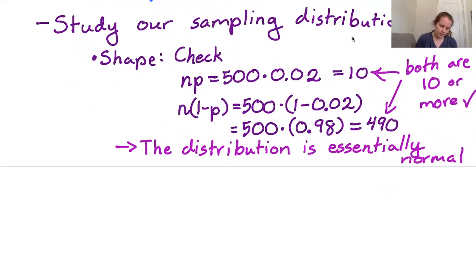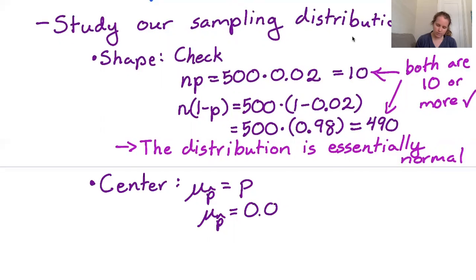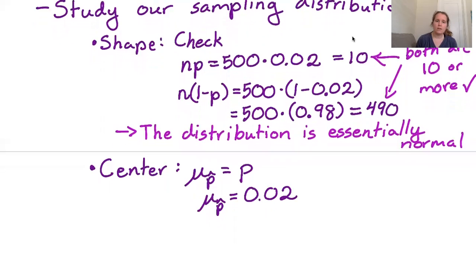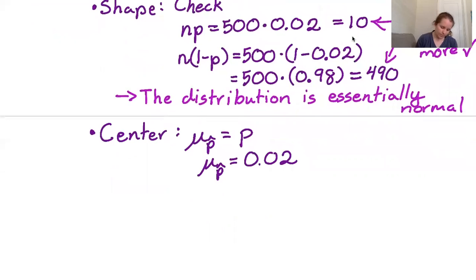Next up, we have center. So mu sub p hat is just p, or mu sub p hat is 0.02, and spread. Again, I apologize for the conversations in the background if you can hear them.